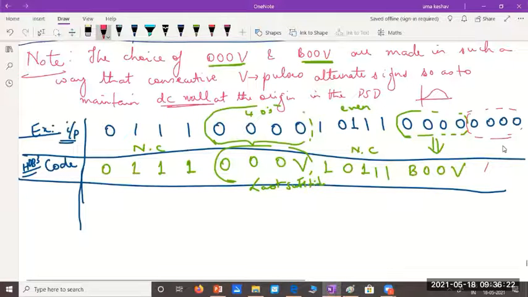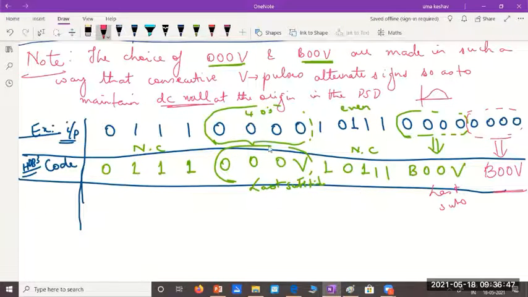So even this preceding, what was the previous substitution? The last substitution is this. After the last substitution, how many ones have I had? 0 ones. Here, 0 is considered as even. So even this sequence, I will replace it with B00V.